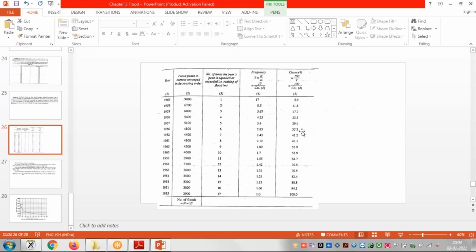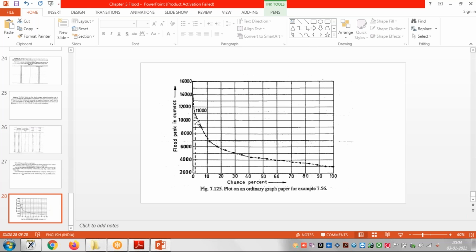Using this data, whatever values they got here, they drew this graph. On the y-axis, they have taken the value of Q in meter cube per second, and on the x-axis, the percentage chances, from 0 to 100.